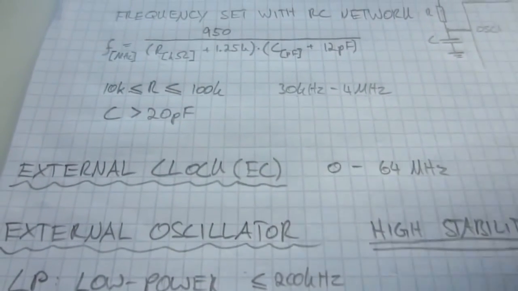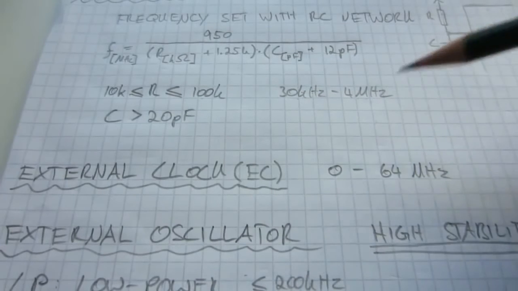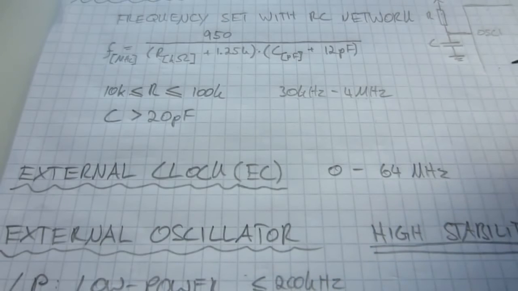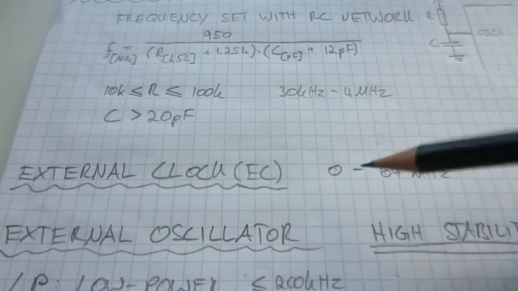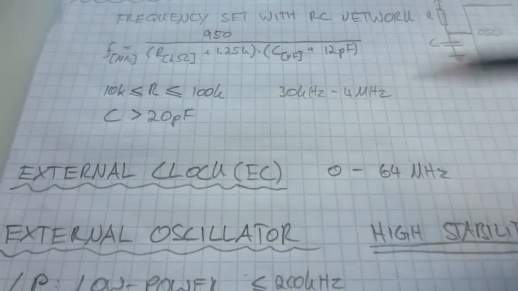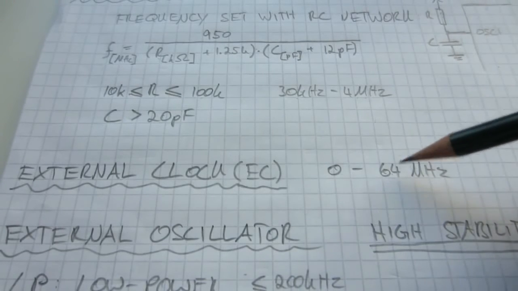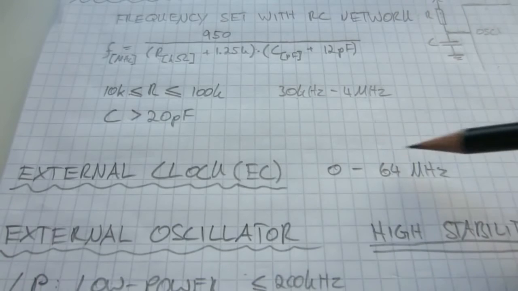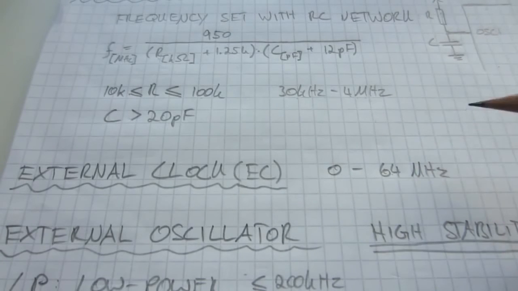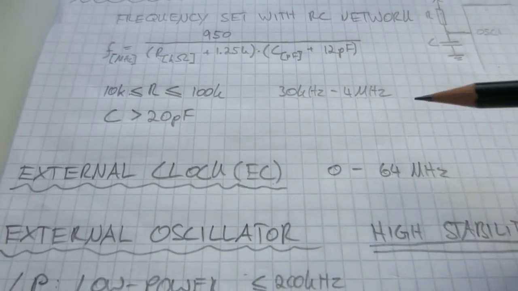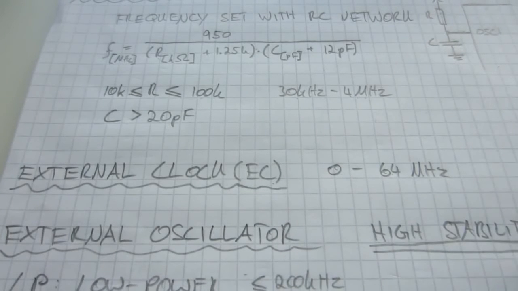Then there is the external clock option, where you feed a square wave from an external source into the oscillator pin. That can be anywhere from 0 to 64 megahertz on the PIC18F14K22, and it depends on the microcontroller what the maximum clock frequency is, but the stability of this clock is going to be as good as whatever the external source is, and the frequency accuracy is going to be the same.